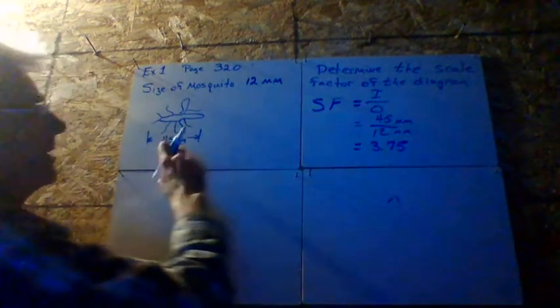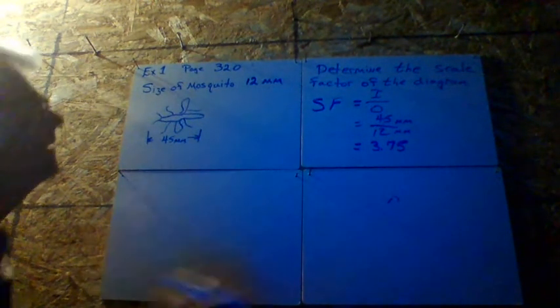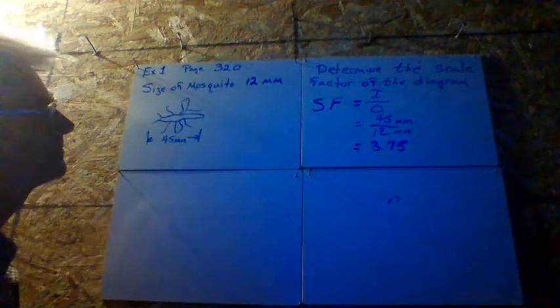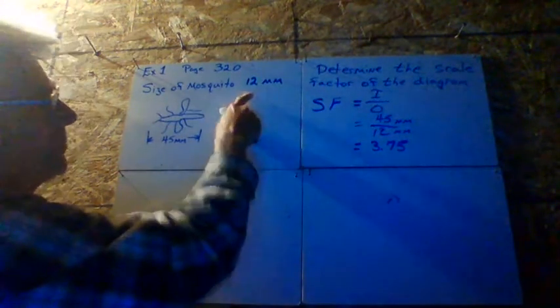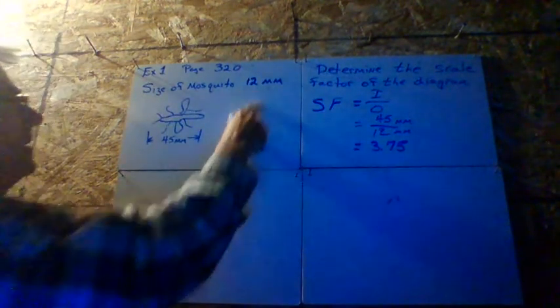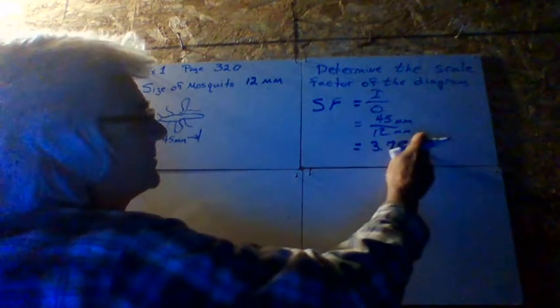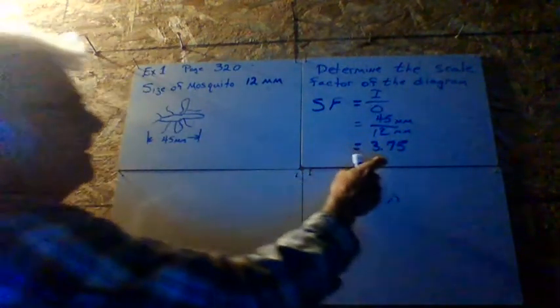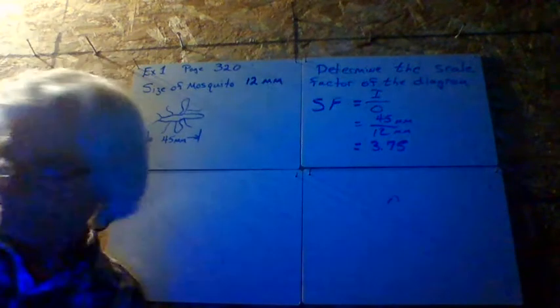It means that the diagram is 3.75 times larger than the 12. If you took that 12 and multiplied it by 3.75, it comes back to your 45. And there's no units in the scale factor. It's just saying this thing is 3 3/4 times larger than the actual mosquito.